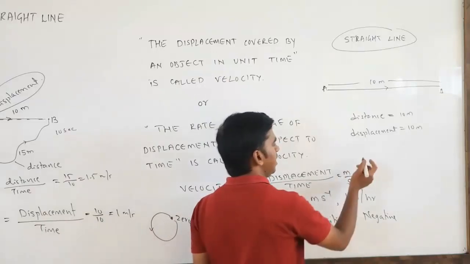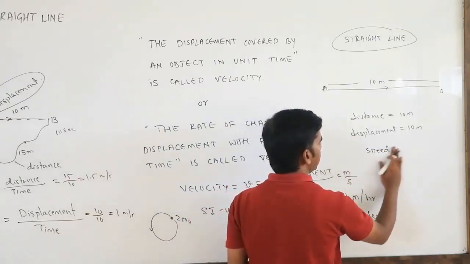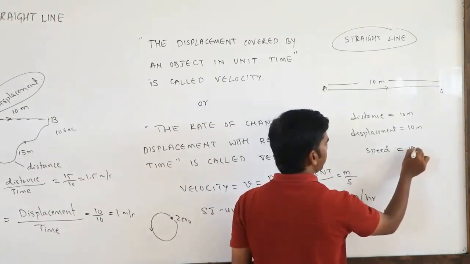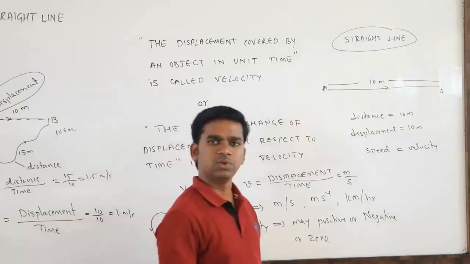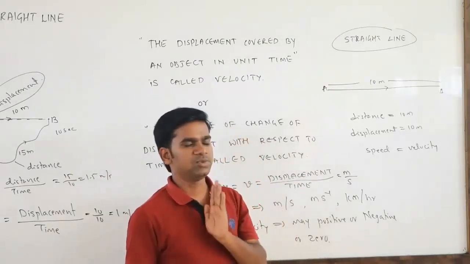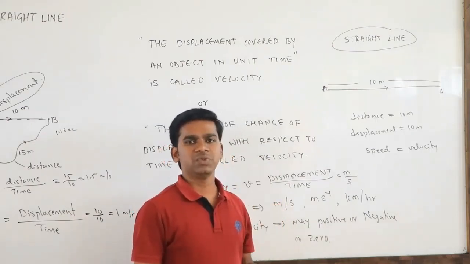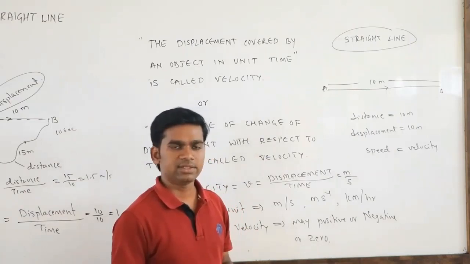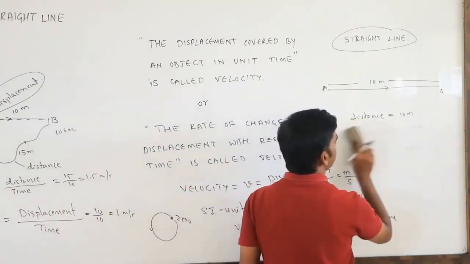That means speed is most of the time equal to velocity. We have to keep this in our mind. Since we are studying straight line motion, in many cases speed is the same as velocity.